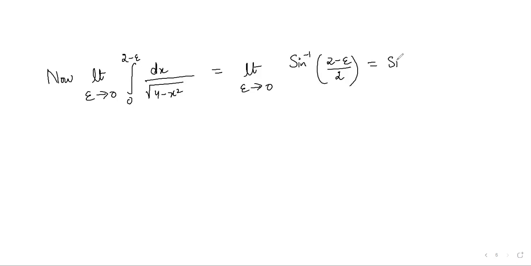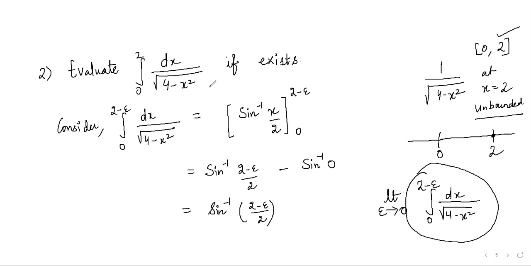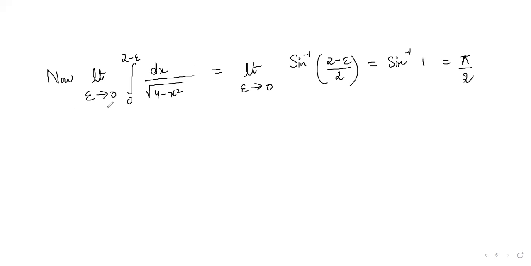It will be sine inverse 1. If we put epsilon as 0, we will get sine inverse 1, and sine inverse 1 is pi by 2. It means this limit exists and it is pi by 2. Since the limit is finite, it exists. So the integral which we are finding here, this improper integral, also exists. It is convergent and it will be equal to pi by 2.